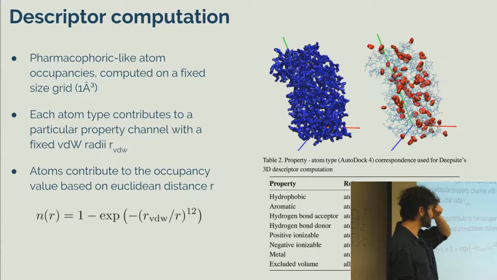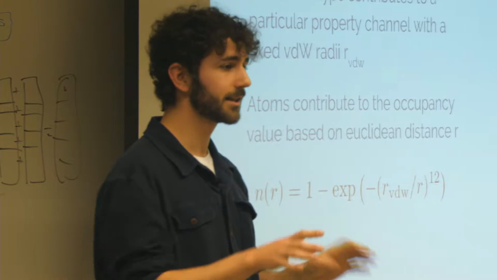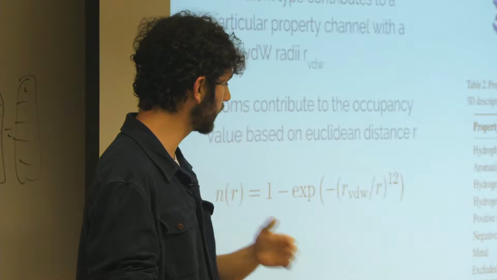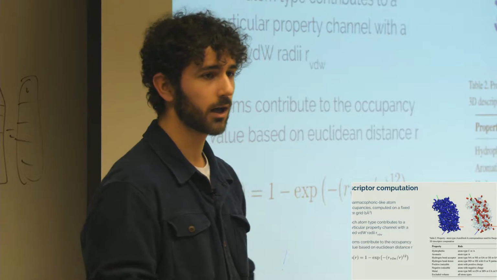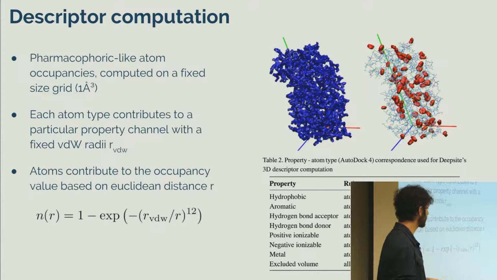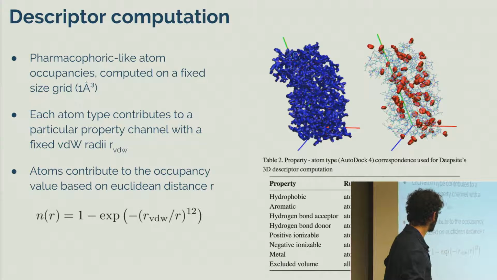So we have different descriptions of the atomic properties in the whole protein structure that we divide into different channels, and that helps the learning algorithm reach relevant information so that it is able to perform predictions correctly.